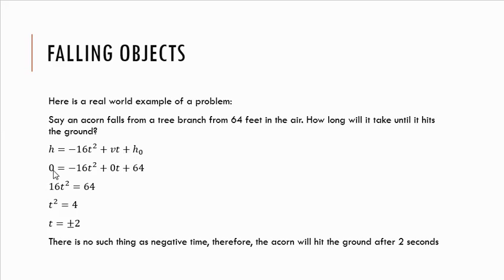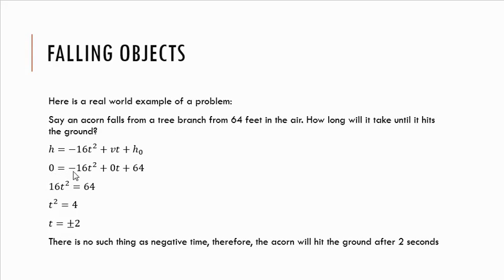I want to find out how long it will take until the acorn hits the ground. So at the ending point of this problem, the height of the acorn will be 0. That's what I'm going to put in for h.